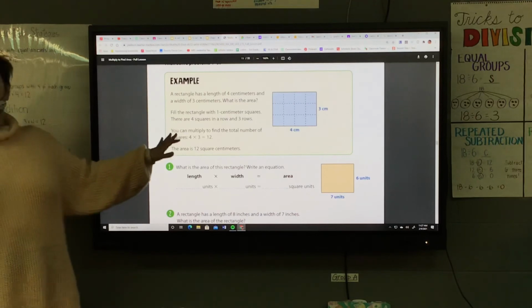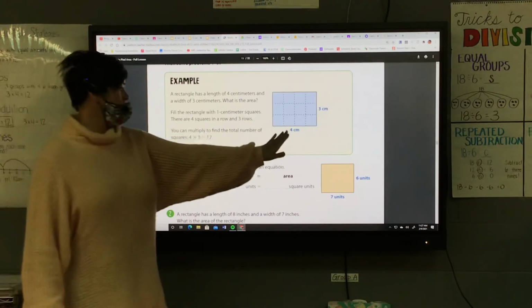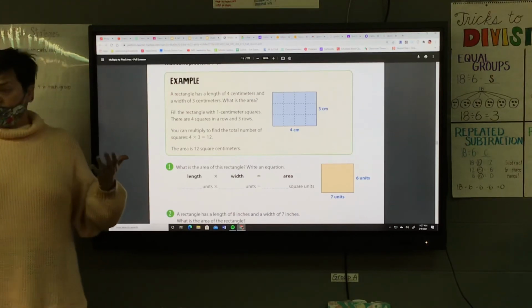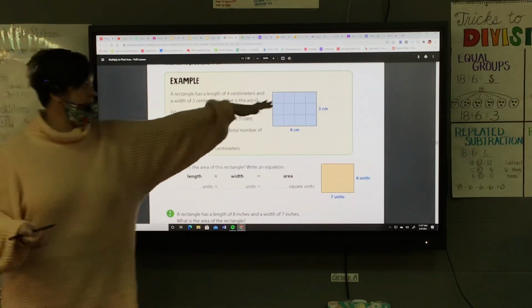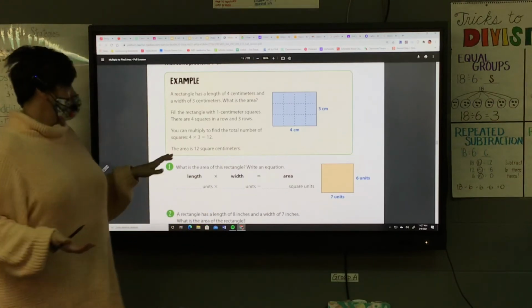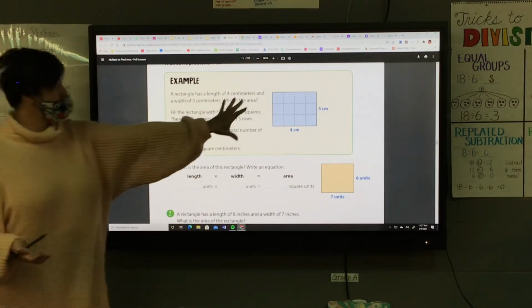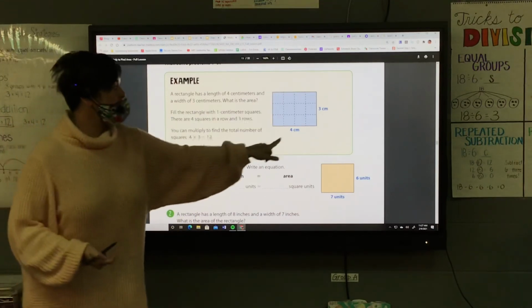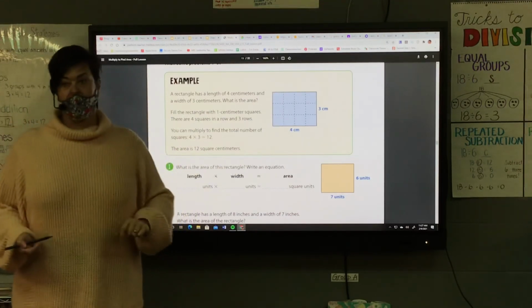You can also multiply 4 times 3 and discover that it is 12. And if you counted all of those, would that equal 12? Mm-hmm. So the area of this rectangle is 12 square centimeters.